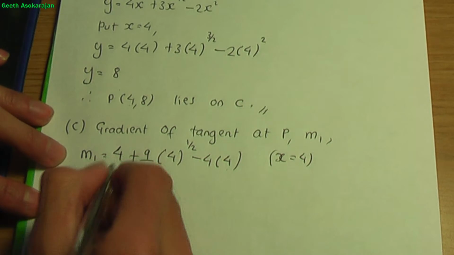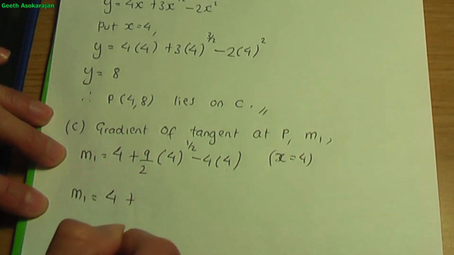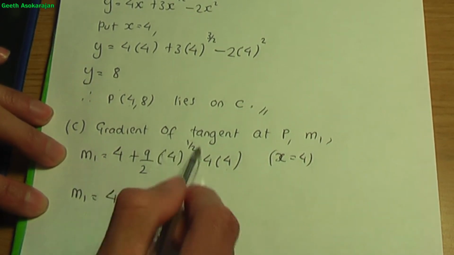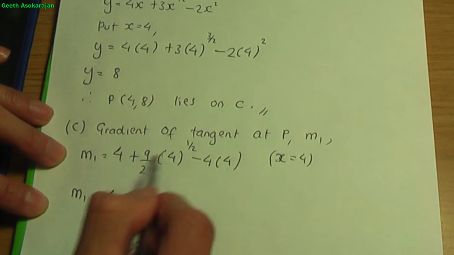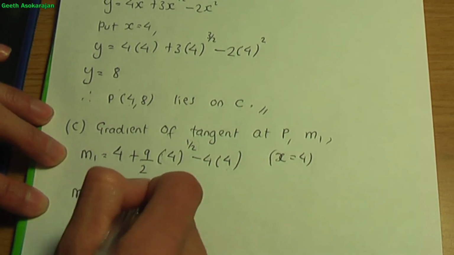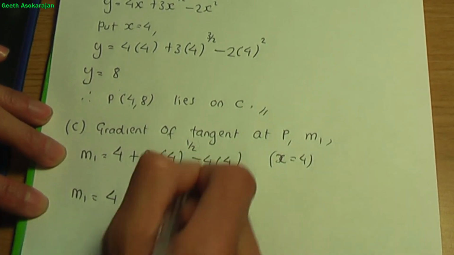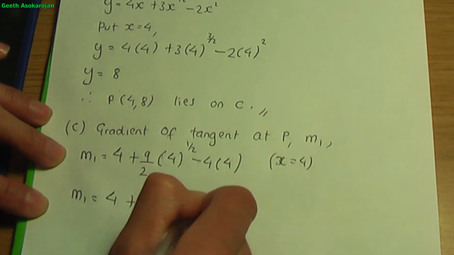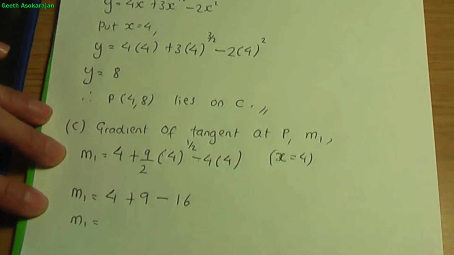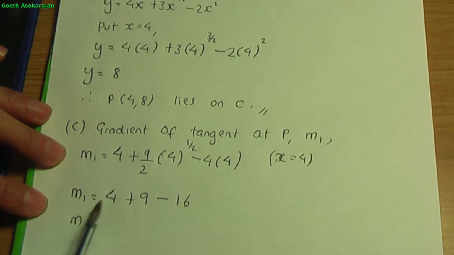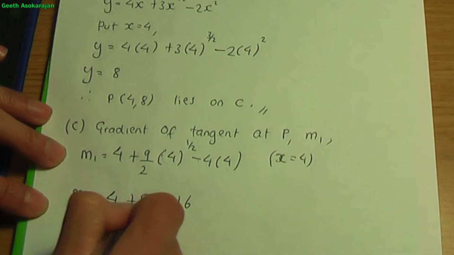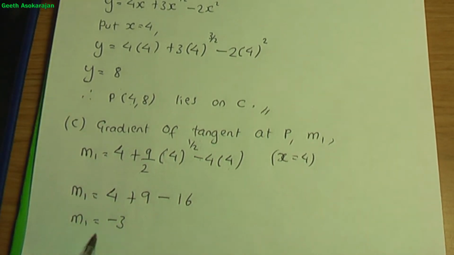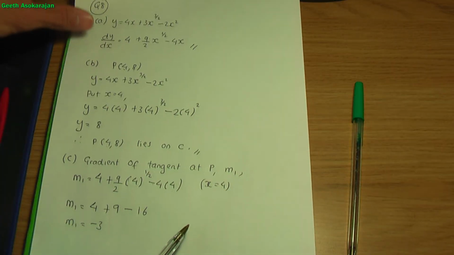And when we calculate that, we'll have 4 plus 4 to the power half is 2. The 2 and this 2 will cancel to leave us with 9. Minus 4 into 4 is 16. And if we simplify, we should have an answer of minus 3. So minus 3 is the gradient of the tangent at P.